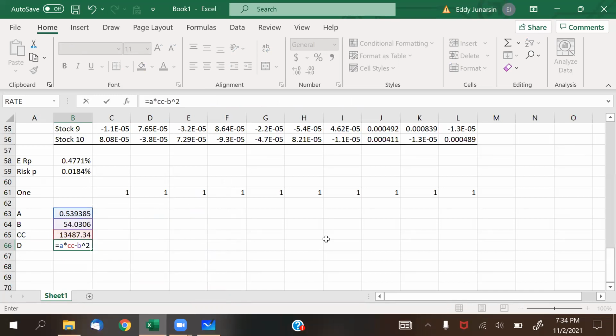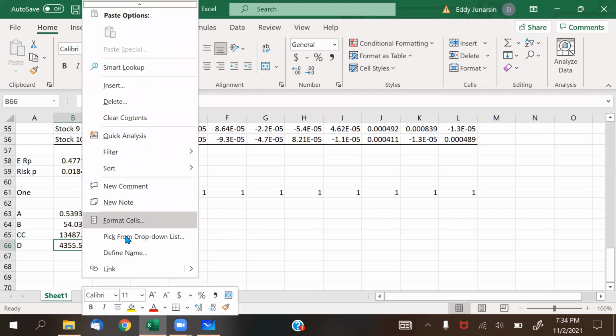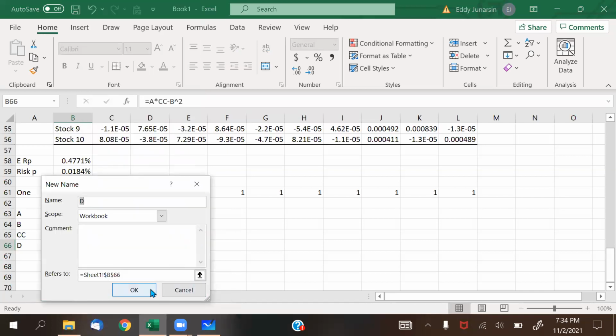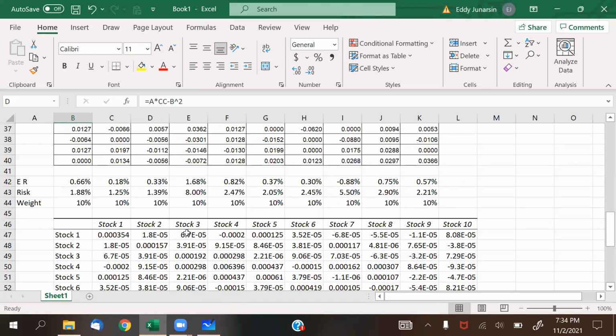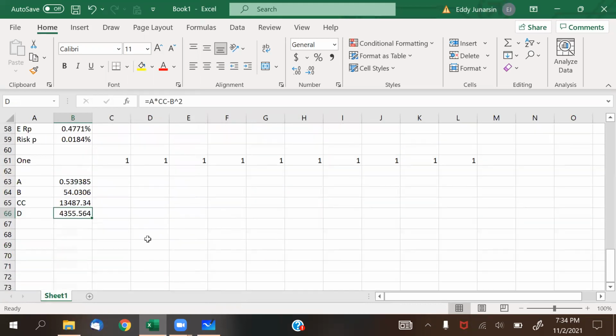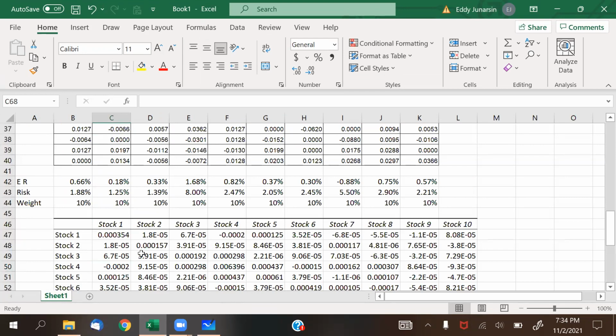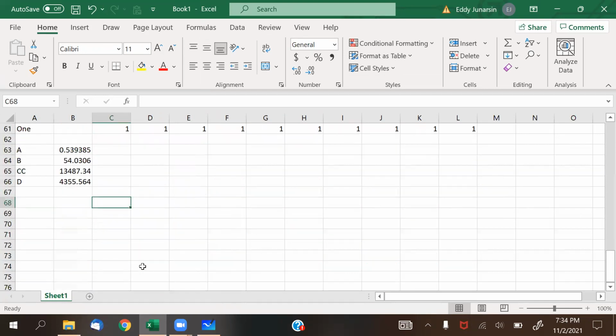A times C, or CC here in this example, minus B squared. So we get a certain value, and as usual, name it D. Now we have the components or inputs that we need. We just need to compile them, and later we'll use Solver to solve the minimization process.